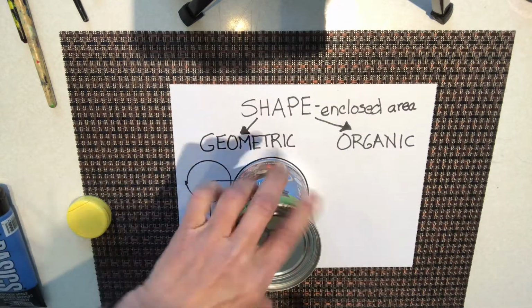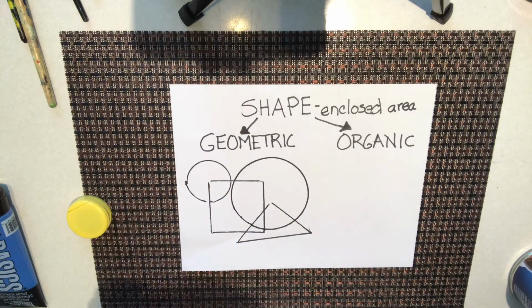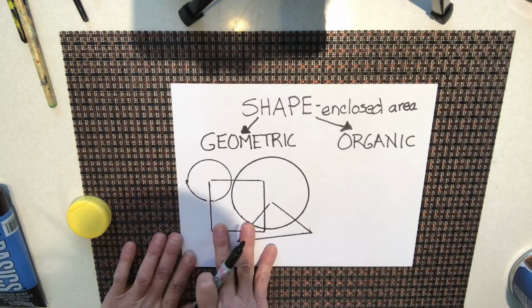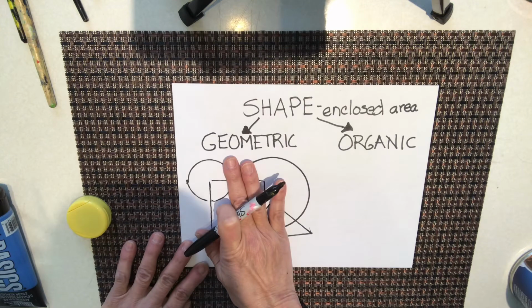You can overlap them. What we're looking for is shapes in between that we're going to do something with. So these are geometric shapes. They're man-made. They are measurable. It is a branch of mathematics.